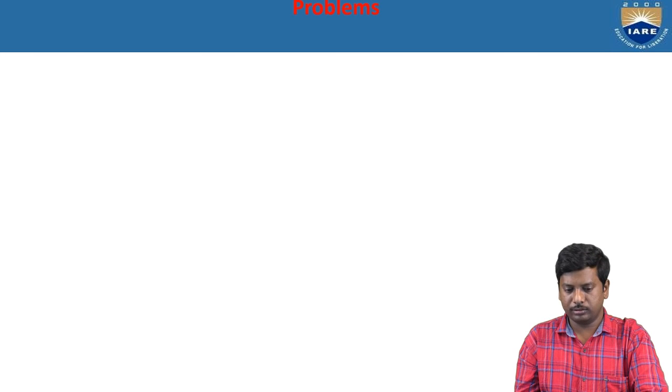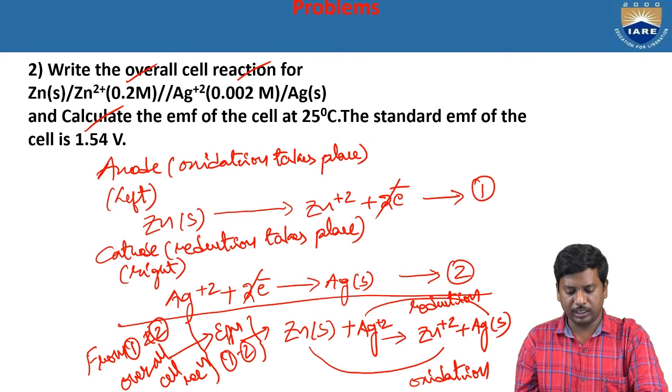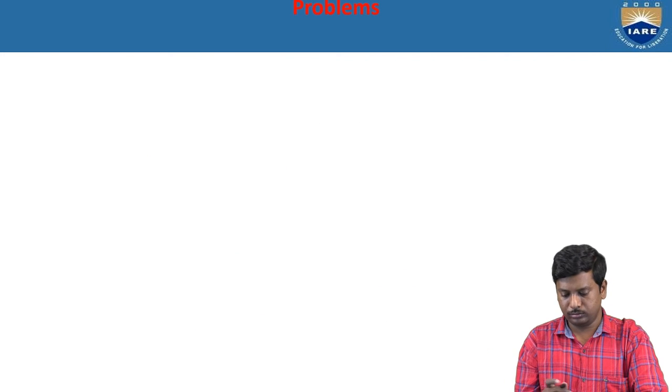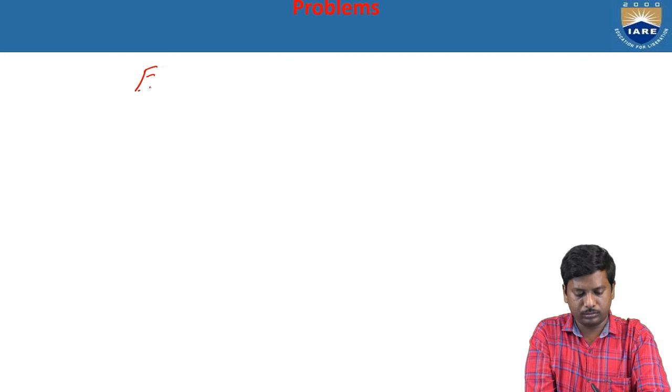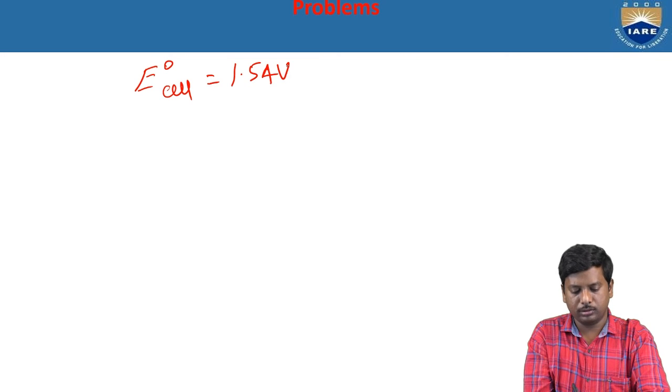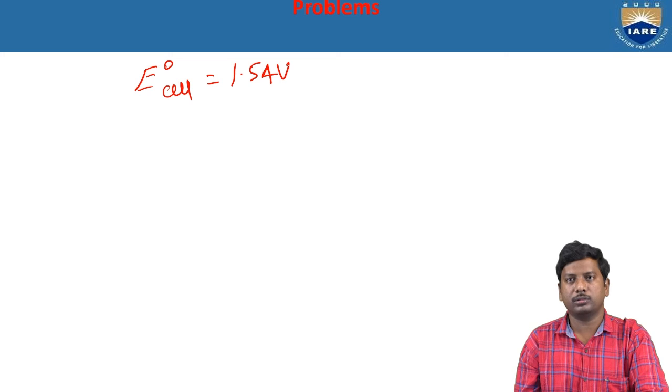So the standard electric potential E naught cell is equal to 1.54 volts.